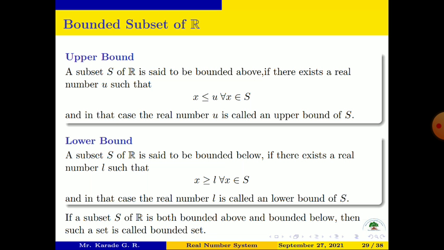And if upper bound exists, all elements of set S are less than or equal to that upper bound U. If a subset S of R is both bounded above and bounded below, then such a set is called a bounded set. So a subset S of R is bounded if it has a lower bound as well as an upper bound.